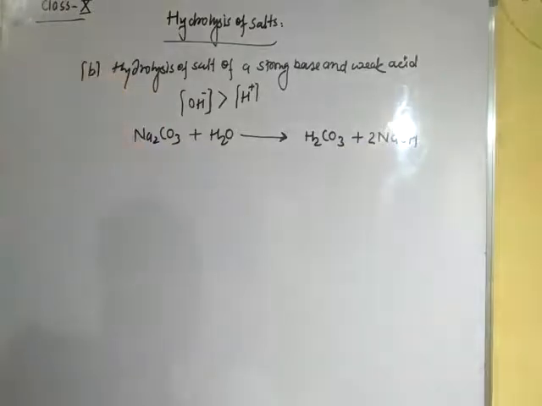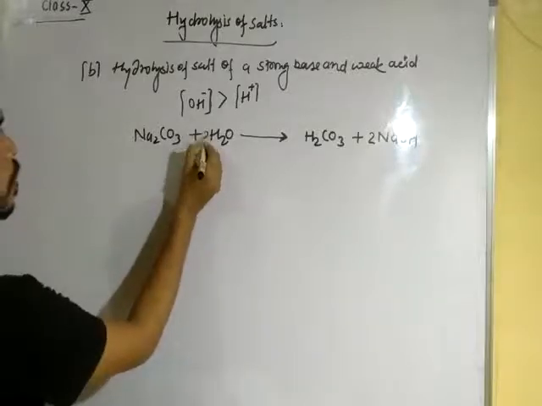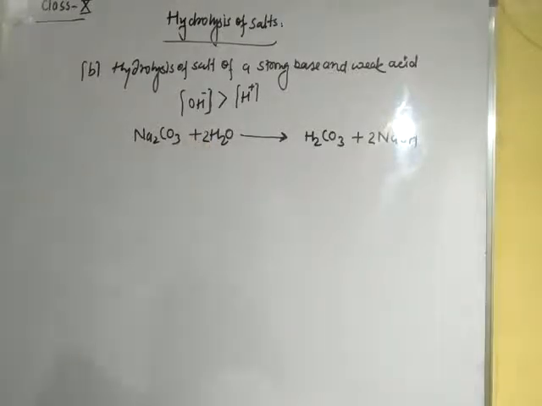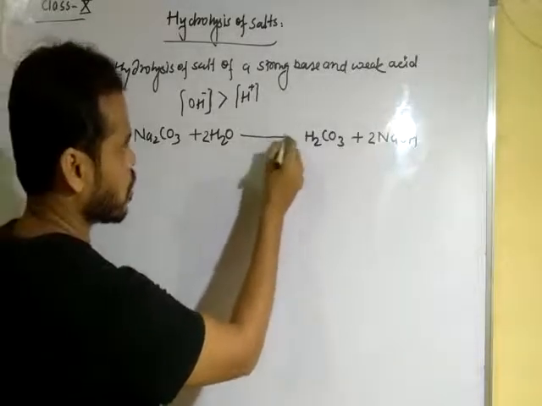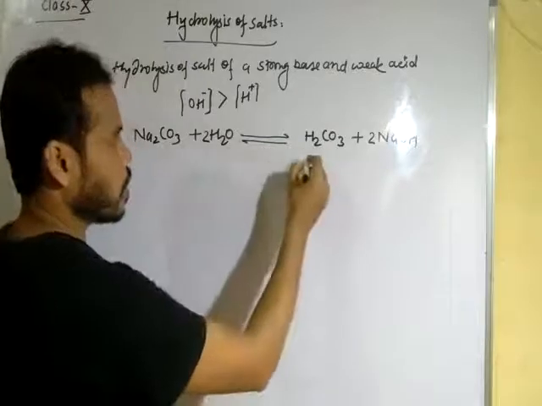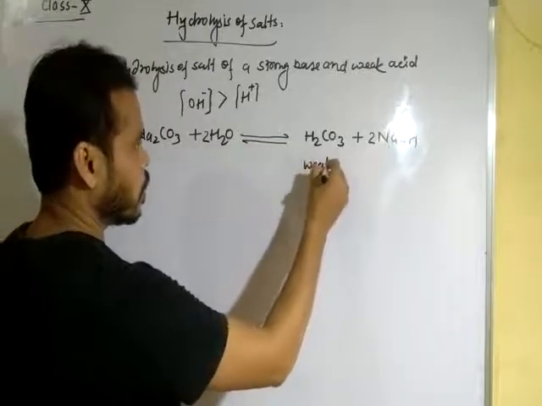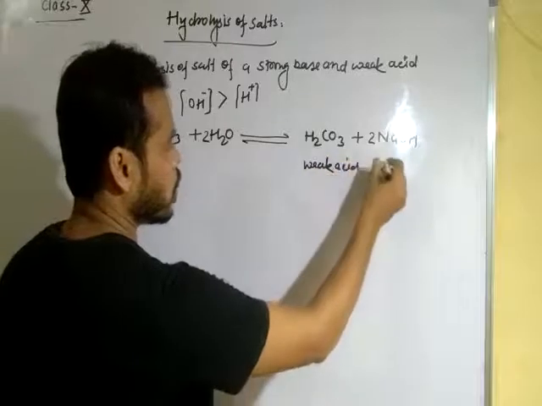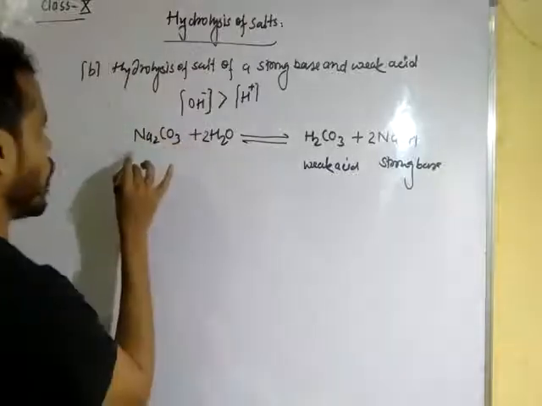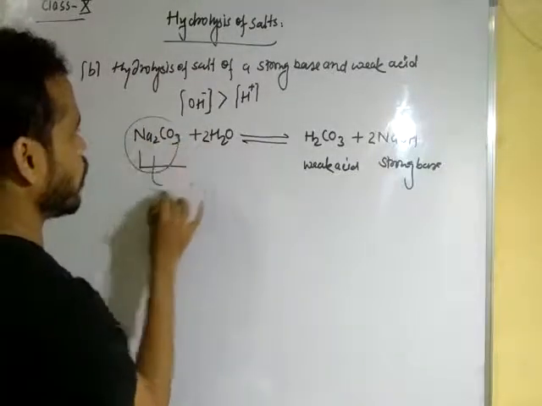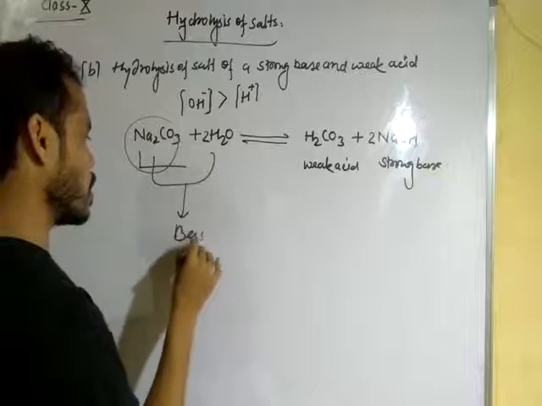Okay dear student, now this reaction is a balanced reaction, and this reaction is a reversible reaction. Then weak acid and strong base: that means when we dissolve this salt in water, it gives a solution basic in nature.